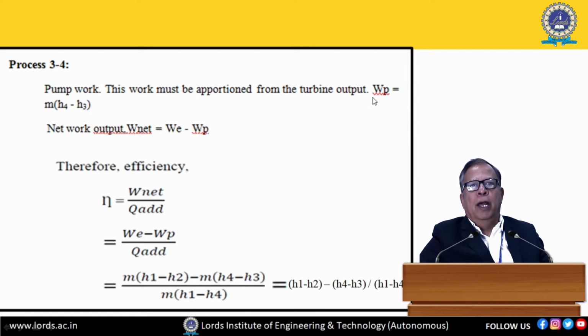Writing this efficiency in terms of enthalpy, it is the mass of the steam times H1 minus H2, the work produced in the turbine, minus the work consumed by the pump, that is m times H4 minus H3, over the heat input, that is m times H1 minus H4. If you simplify this, it becomes (H1 minus H2) minus (H4 minus H3) over (H1 minus H4). This is the thermal efficiency of the Rankine cycle.